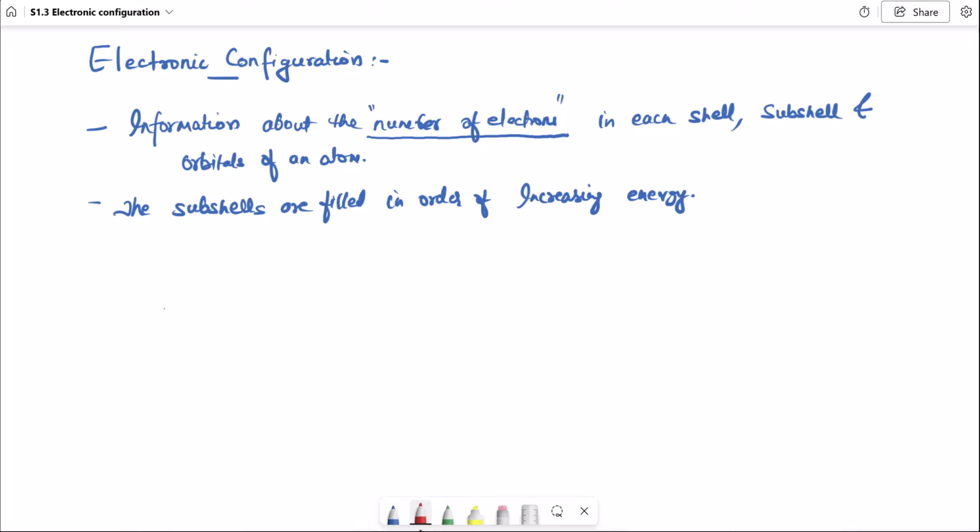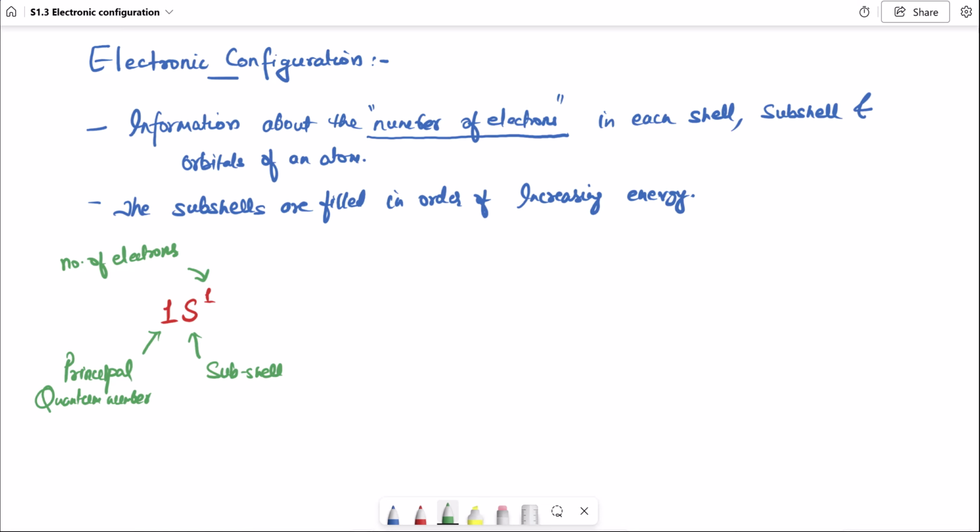If I'm writing 1s1, what does it mean? The 1 represents the principal quantum number. The s gives the subshell information, and the superscript 1 gives an idea of how many electrons are there. So this is how we can find out.